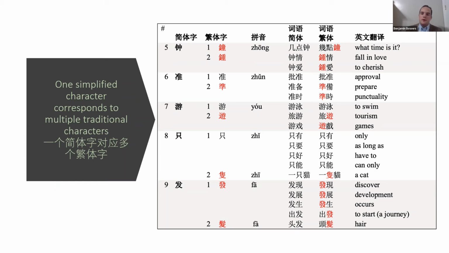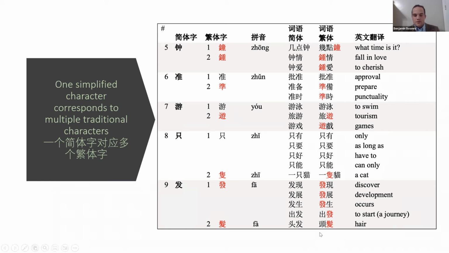Next, we have 游,游泳,旅游,游戏. Then 只,只有,只要,只好,只能,一只猫. Next we have 发,发现,发展,发生,出发,头发.